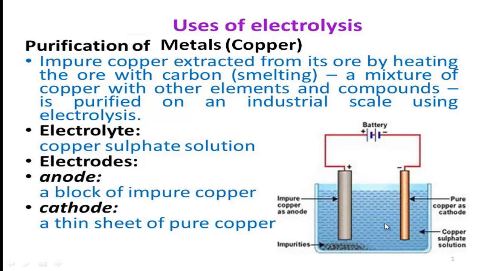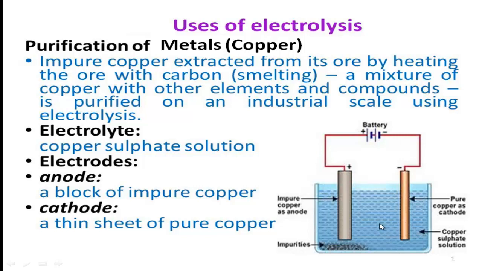Now from solution, copper ion, the cation, reaches the cathode and accepts electron and is converted into metallic copper. So like this way, from impure copper, all copper atoms at first release electron and convert into copper ion and mix with the solution.